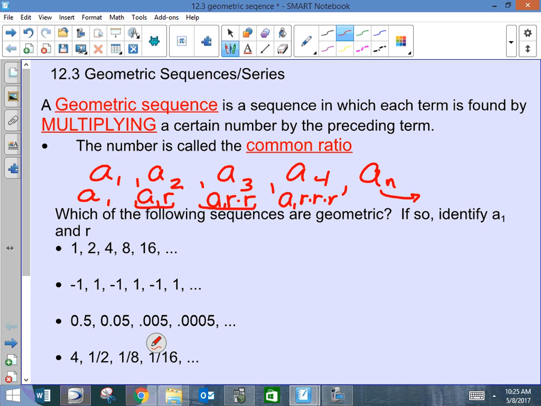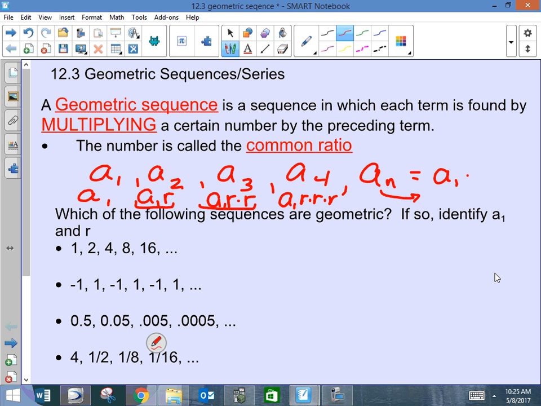Claire? What's my formula for A(n), if you still saw the pattern? A1 times what? Okay, how do you say R times R?